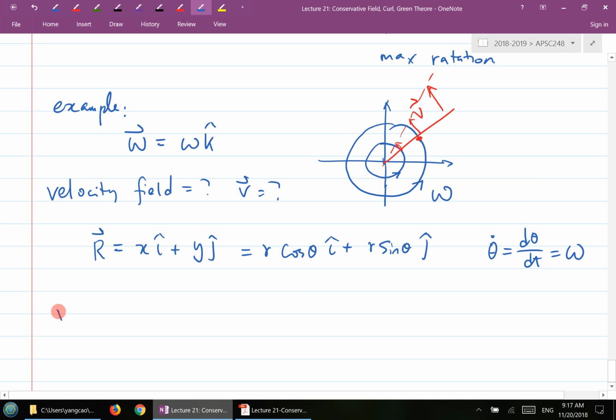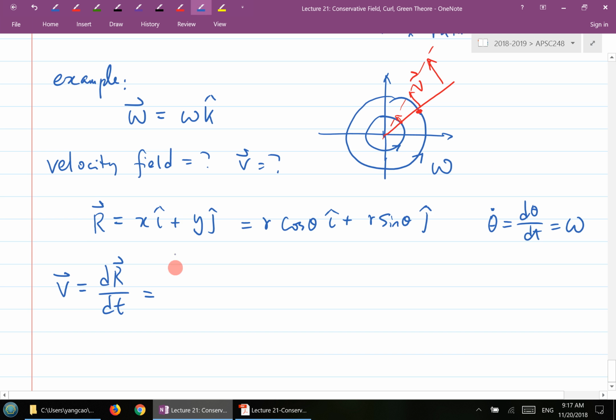Now let's calculate the velocity field. It can be calculated by taking the derivative of this position vector with respect to time. We have r and theta, so we have two variables, and when you do this dr over dt, you can use the chain rule.